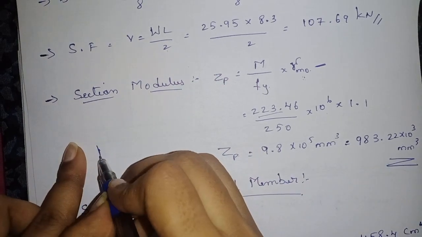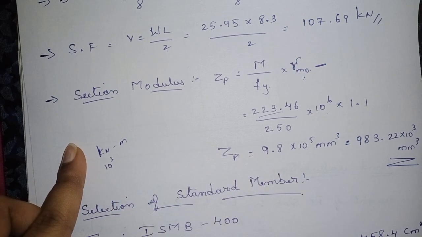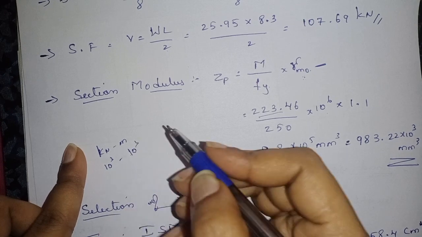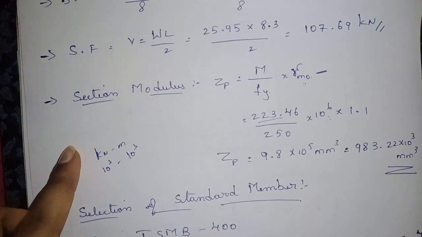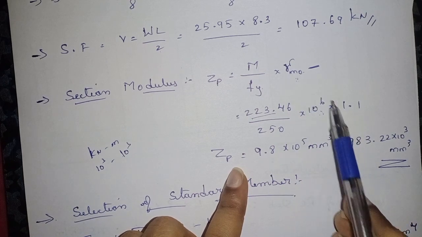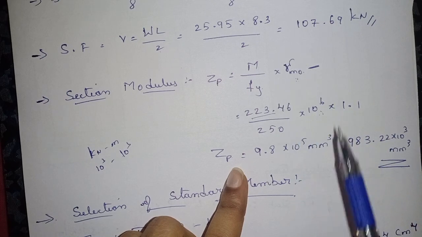Kilonewton is 10 raised to 3 for newtons, and from meter to mm into 10 raised to 3. Totally it will become 10 raised to 6. Into 1.1, the partial safety factor gamma m naught, which is from IS 800.